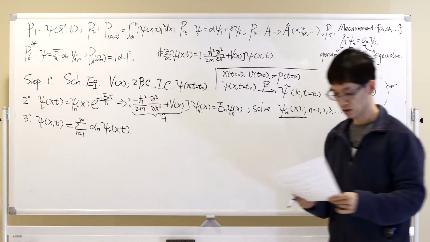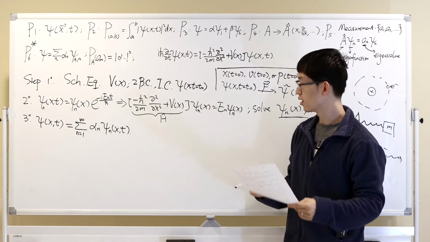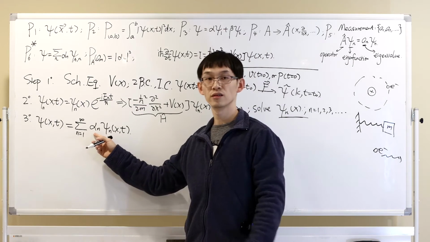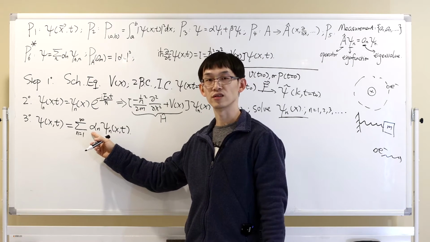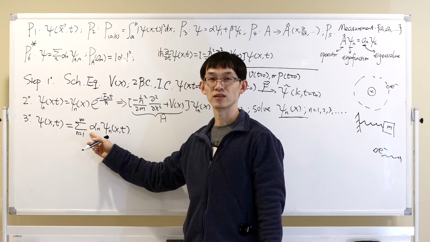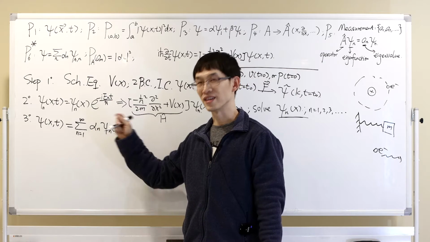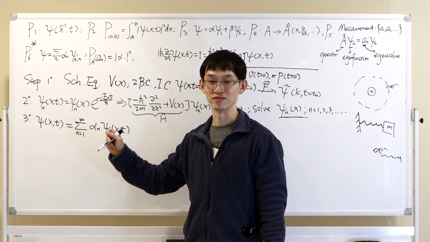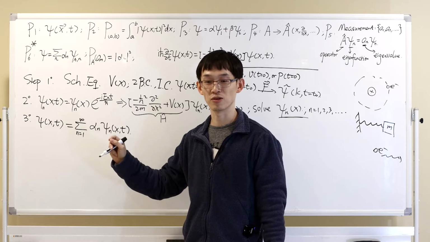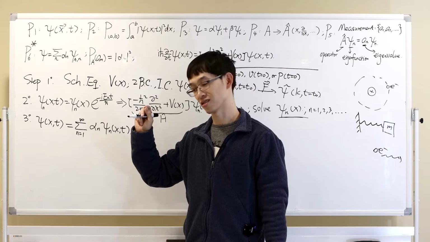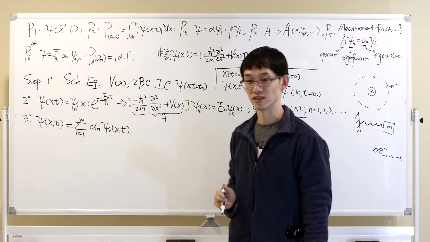And there's a little bit of a trick here: is alpha n, the coefficient here, time dependent or time independent? In this class it will be time independent, just for simplicity. All the examples I gave you are designed to be time independent.